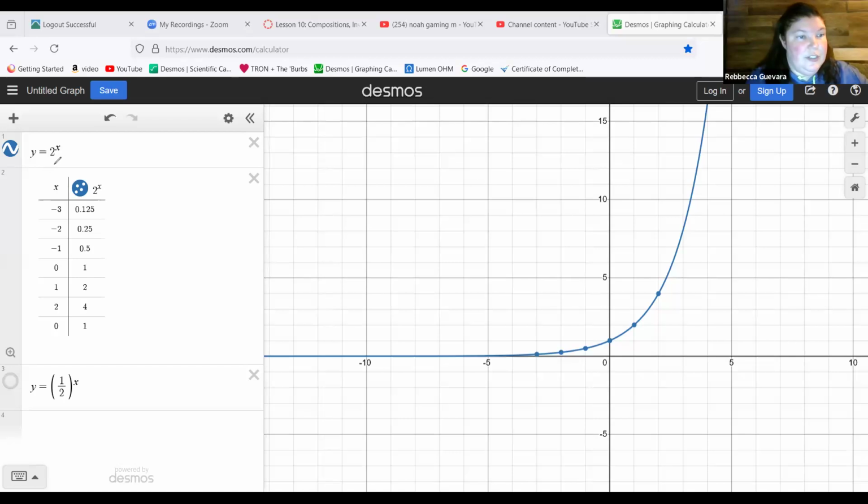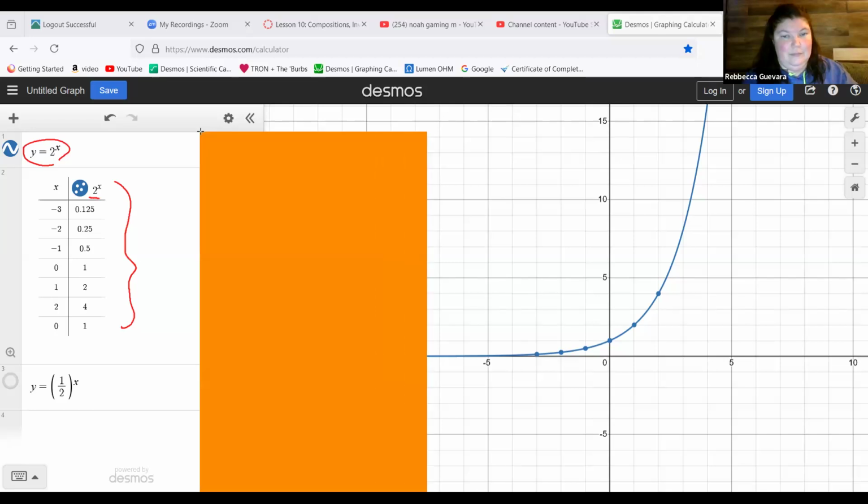You'll notice over here, here's the function and here's the table of values. I'm going to talk about how we know what some of these values are going to be, a quick review on some things with exponents. So we're going to have x, and then y is supposed to be 2 to the x.